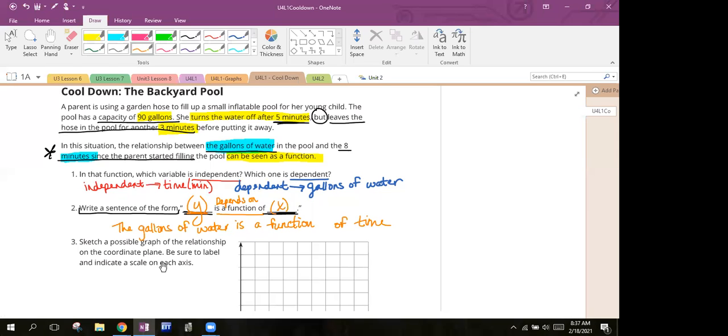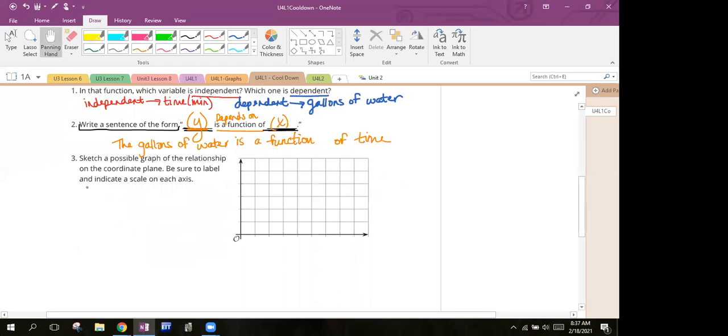All right, so number 3, we're going to sketch a graph of it now. We need to label it and scale it. The first thing I always start with is I need to label my x and my y axis. So what is my x axis going to be? What did we just say?